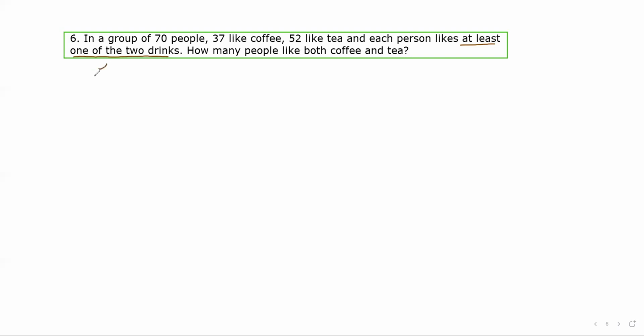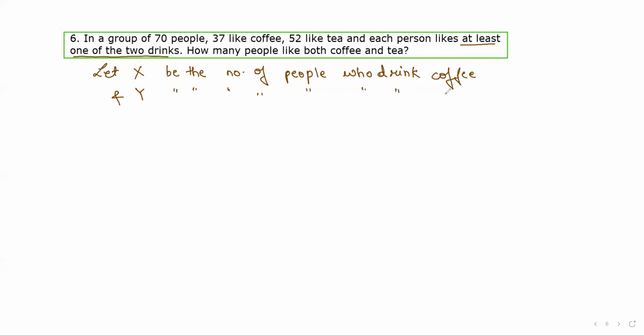So let X be the number of people who drank coffee, and Y be the number of people who drank tea.